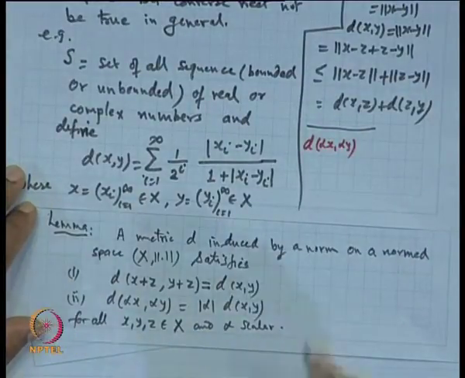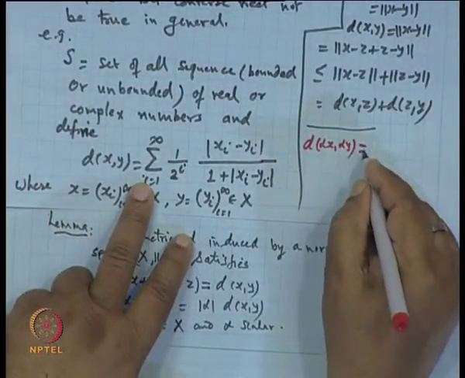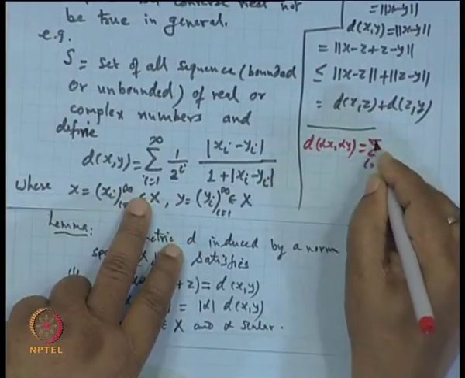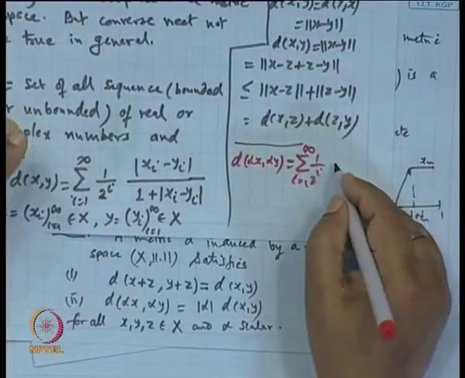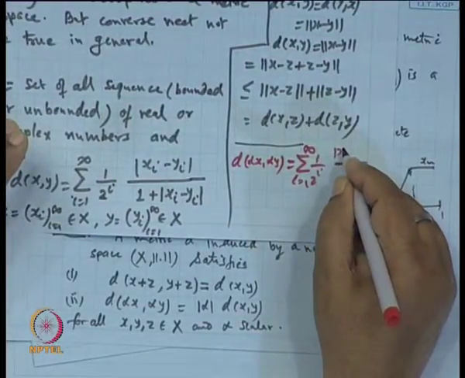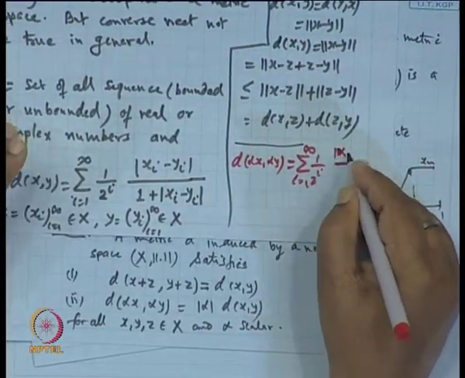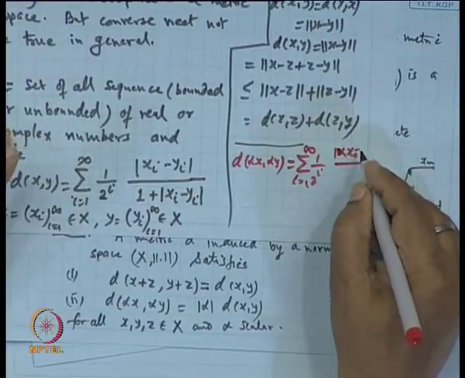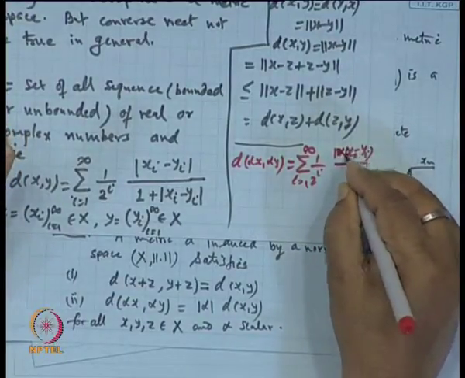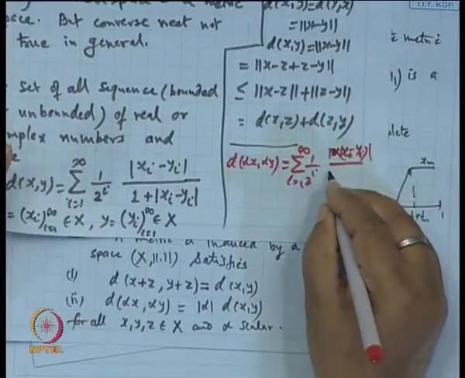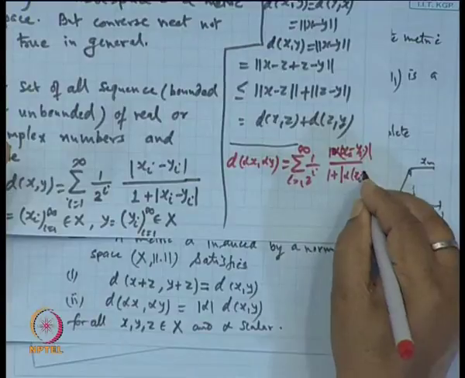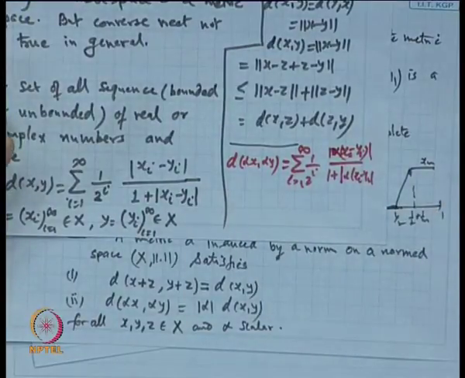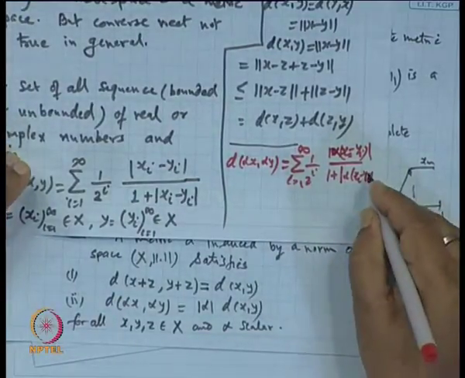This is sum i is 1 to infinity 1 by 2^i and then mod of alpha x_i minus alpha y_i divided by 1 plus mod of alpha x_i minus alpha y_i, is it not?